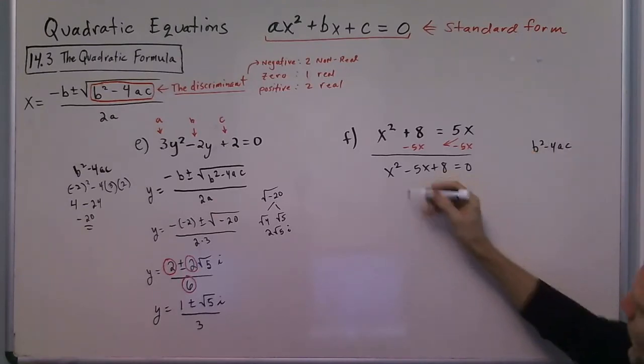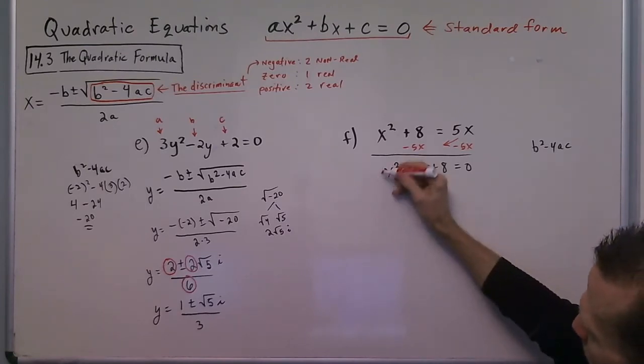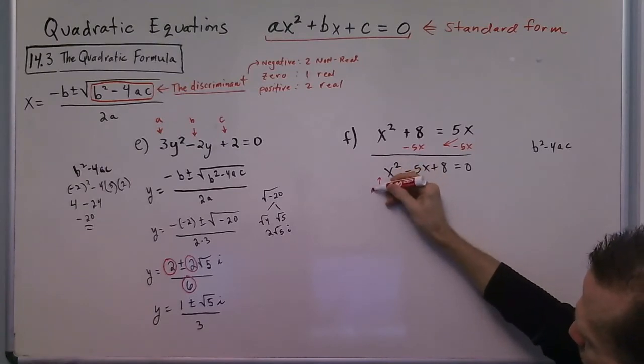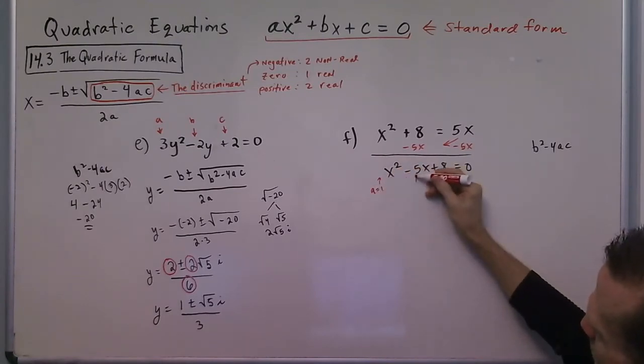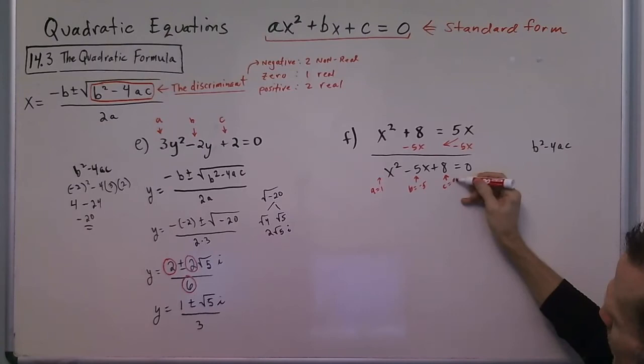So remember that we have our a value here. So here's a. B is -5, and C is 8.